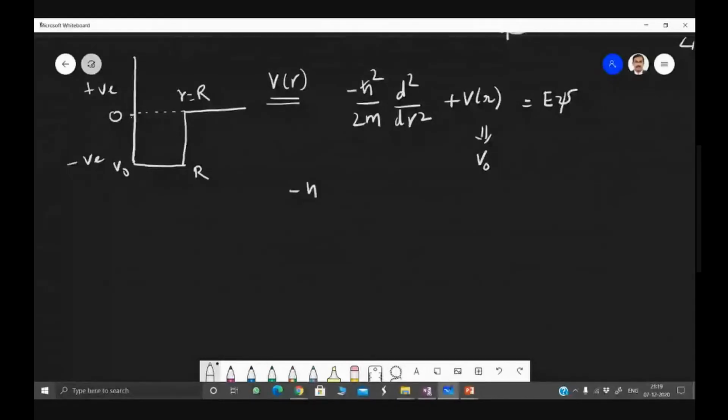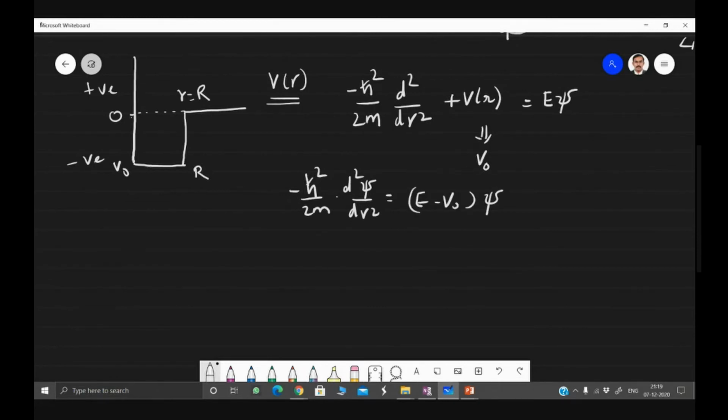So here V of r is nothing but V naught. So if we rewrite this equation, this will be minus h cross square by 2m into d square psi by dr square, which is equal to E minus V naught into psi.